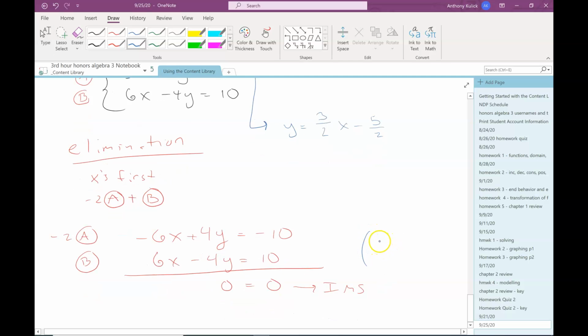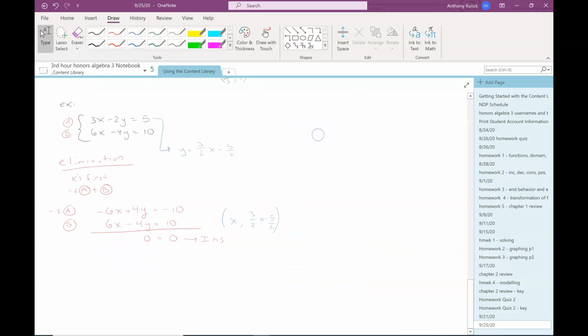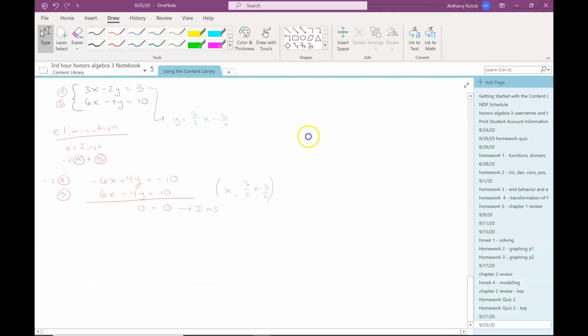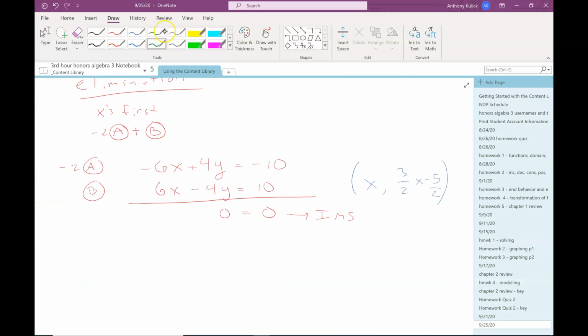So that means that x, we have our choice, and our y, we can find doing that.